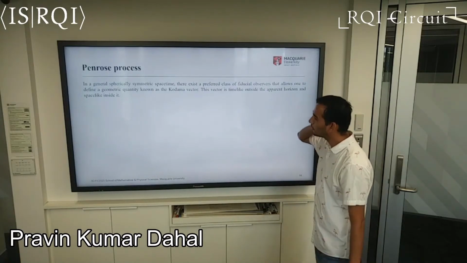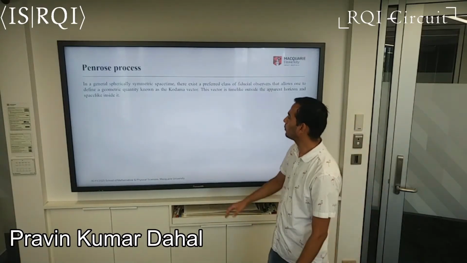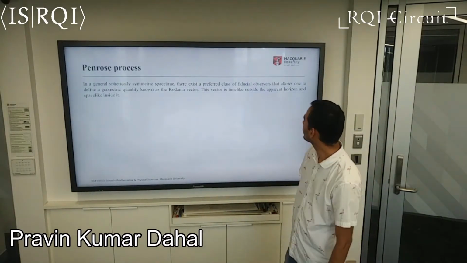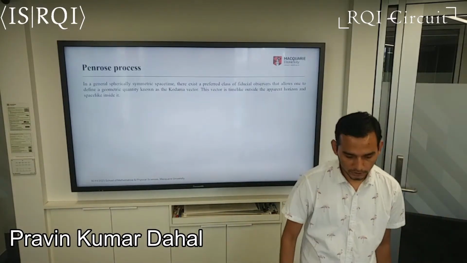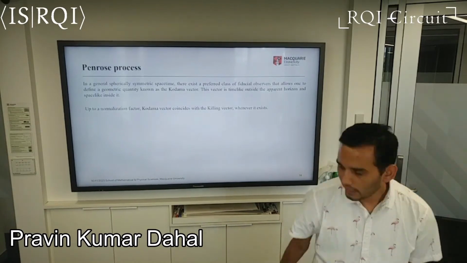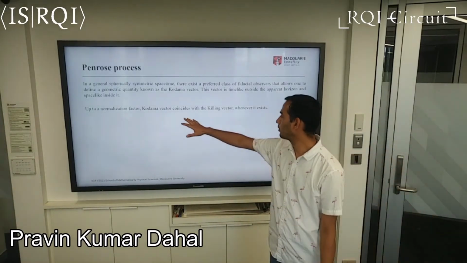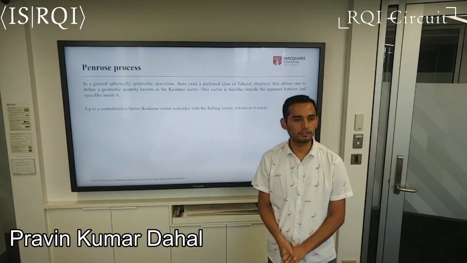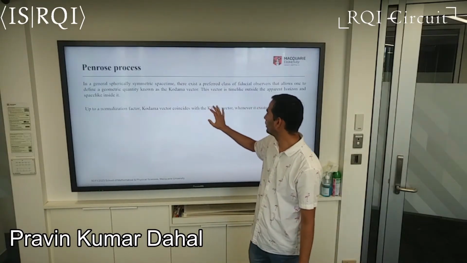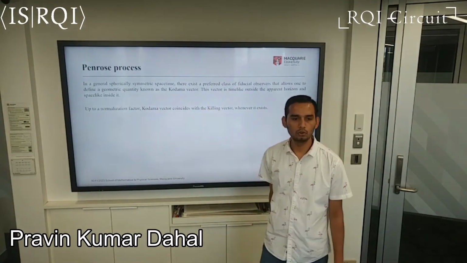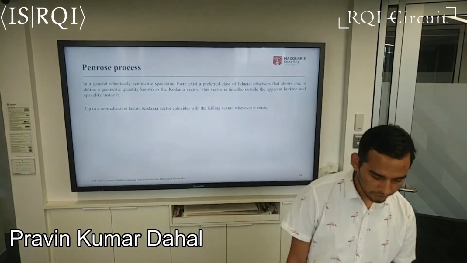Based on that observer, one can define a geometric quantity known as the Kodama vector. This vector is time-like outside the apparent horizon and space-like inside it. And up to a normalization factor, the Kodama vector coincides with the Killing vector whenever both exist. So this is just the generalization of the Killing vector to dynamical spherically symmetric cases.